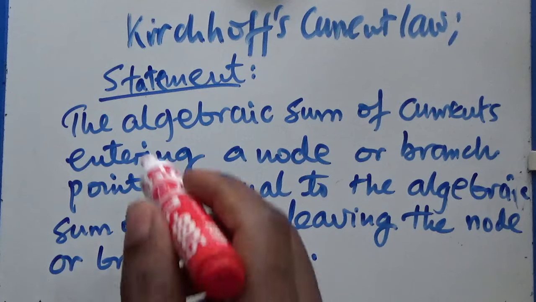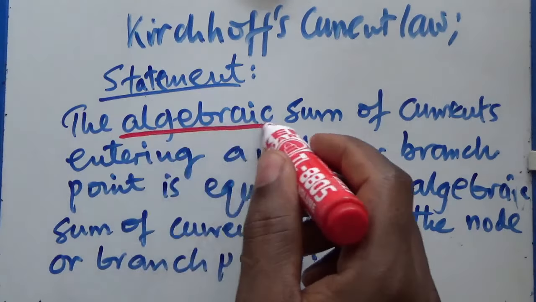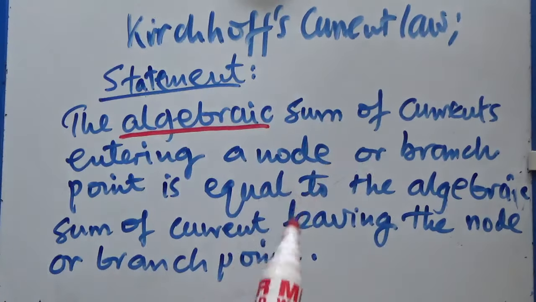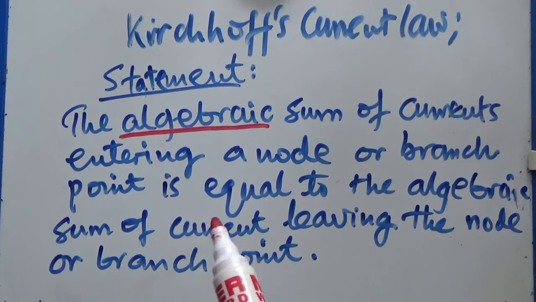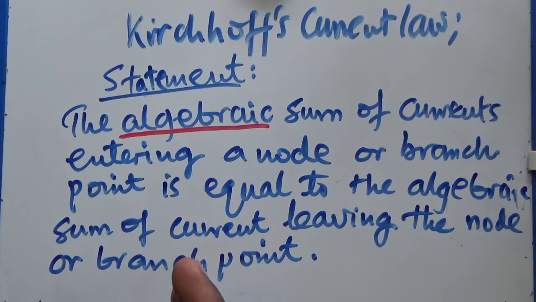The word algebraic means that if entering was to be positive, then leaving would be negative. A current entering a branch point, if taken as positive, then leaving a branch point or a node is negative.